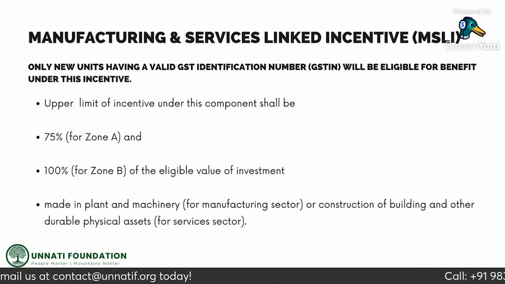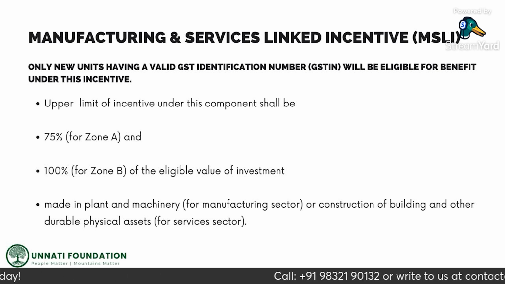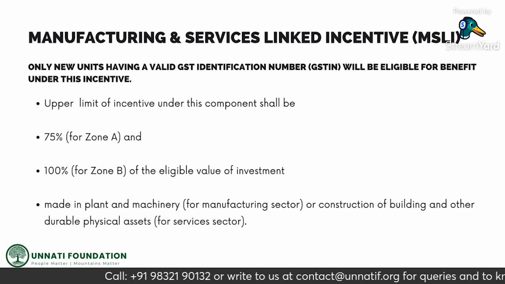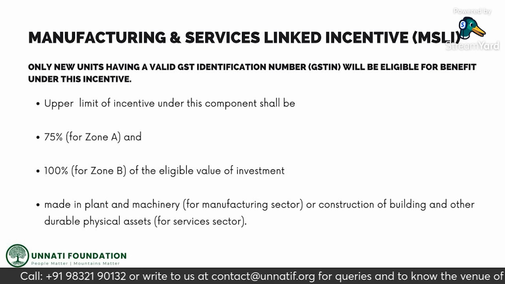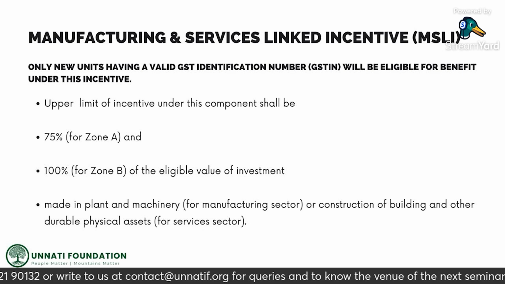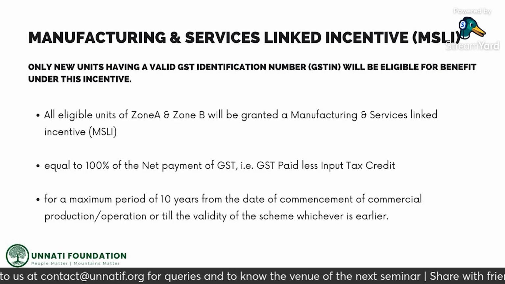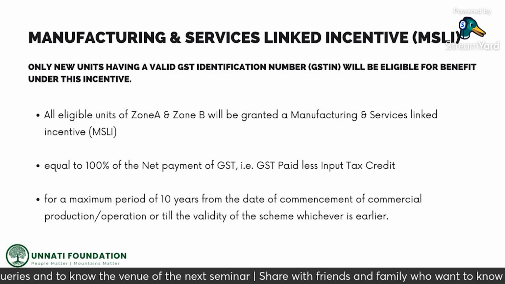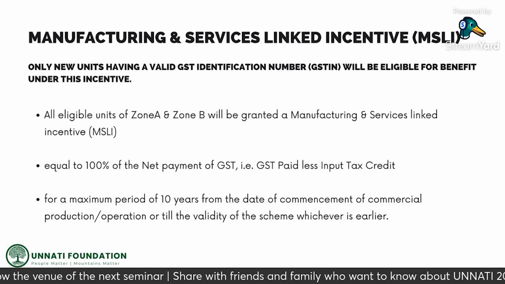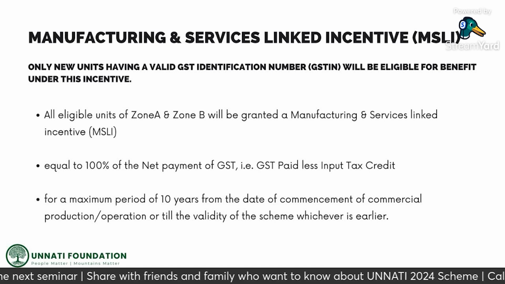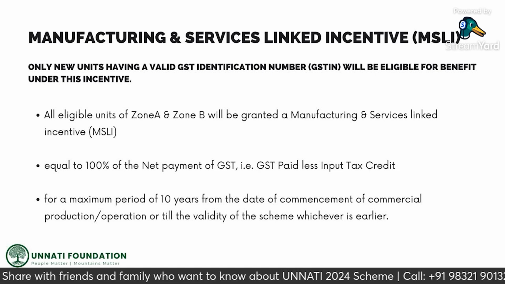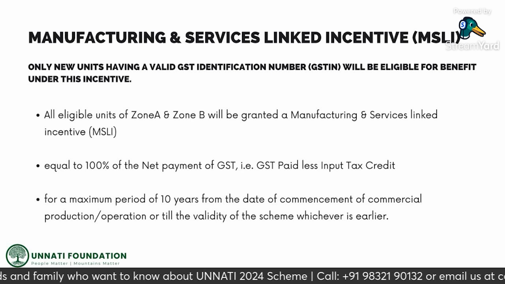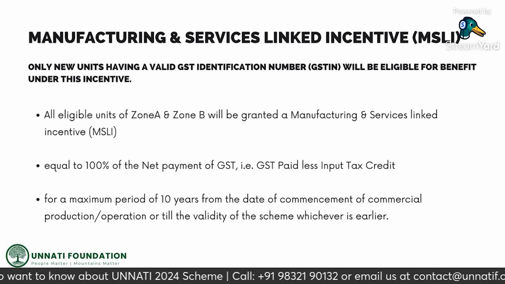The upper limit of incentive is 75% of project cost for zone A and 100% of project cost for zone B, and that is the eligible value of investment which is defined by the scheme. Now this is adjusted to the input tax credit that you would have claimed already through the GST portal. This performance linked subsidy is available for 10 years or up to 2034.